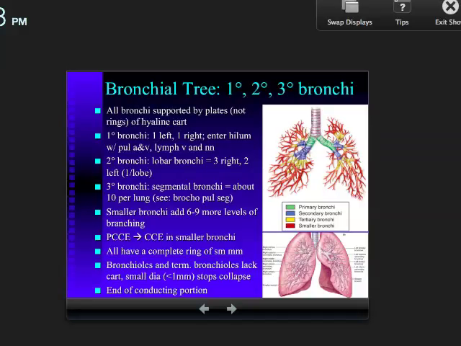So, another final word here on the bronchial system. The bronchi, unlike the trachea, where you have the tracheal cartilages, which are C-shaped cartilages, still have cartilage, because you want to keep the airway open. But the cartilage is not a continuous ring. Instead, it's overlapping plates of cartilage.